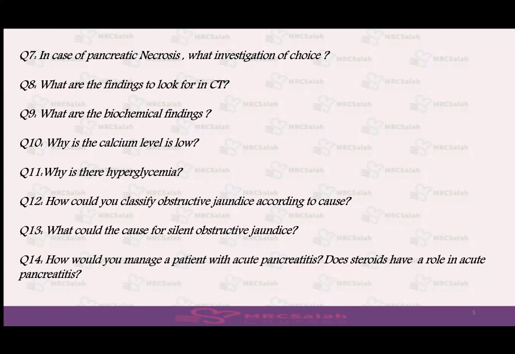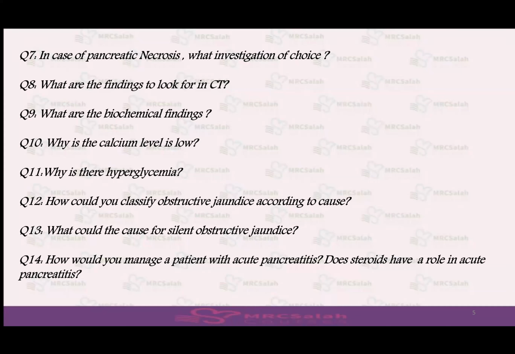I will manage a patient with acute pancreatitis according to the care of critically ill surgical patients. I will admit the patient to ITU and will start analgesia and aggressive fluid hydration. What analgesia will you give? I will give analgesia according to the WHO ladder with avoidance of morphine and non-steroidal anti-inflammatory drugs.